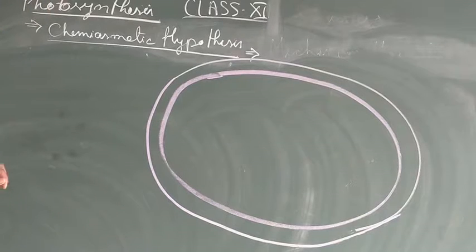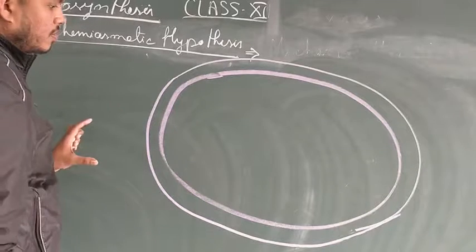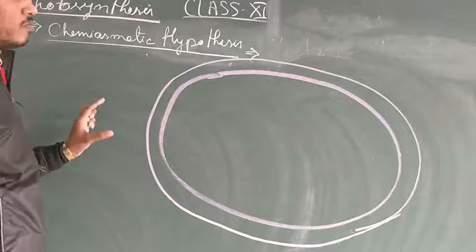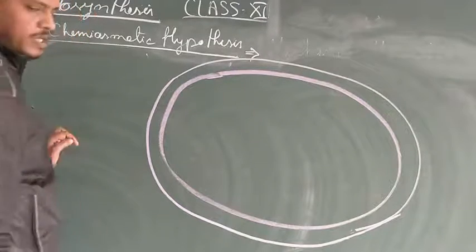We are going to draw a diagram for the chemiosmotic hypothesis, showing how ATP is synthesized.